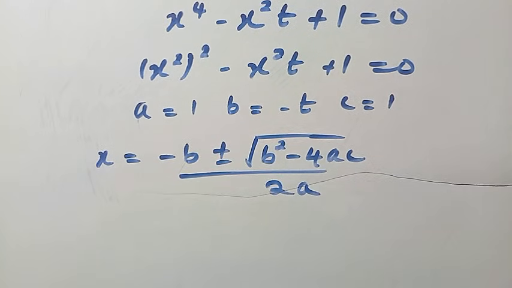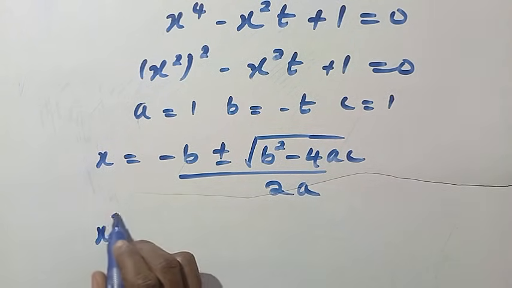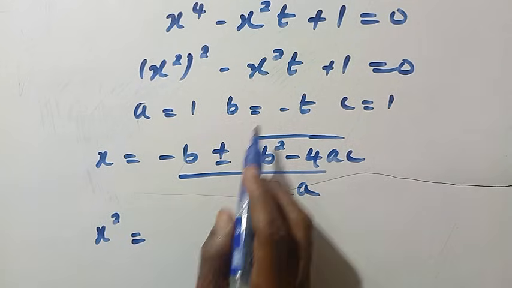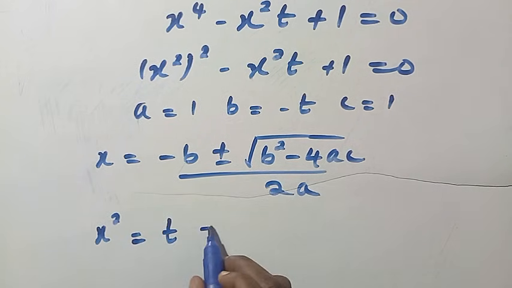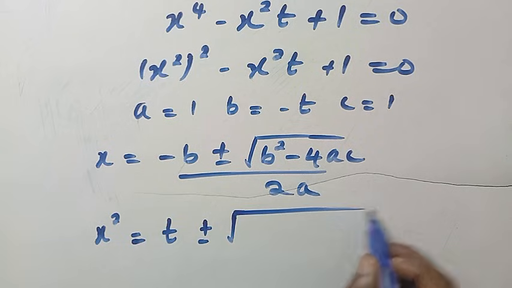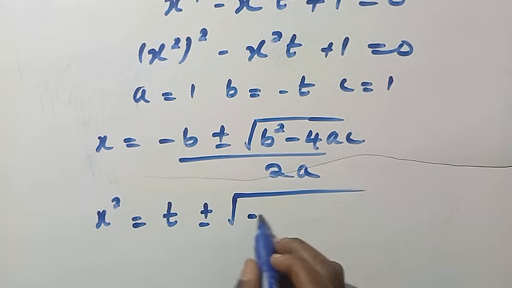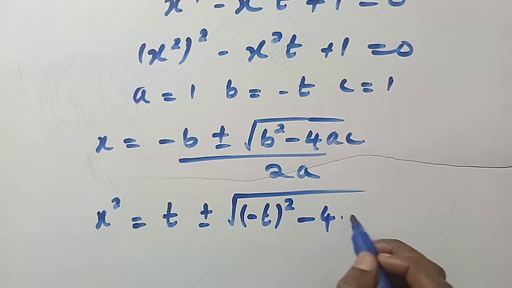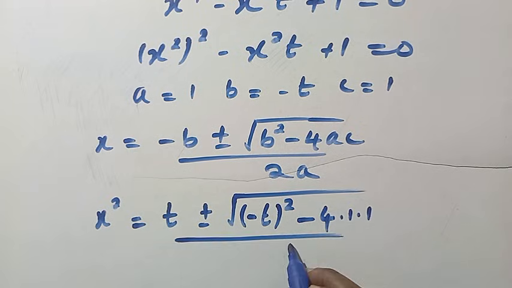But here it is x squared we are going to deal with, not x. So by having x squared, we have x squared equals minus b, which is minus t, that is plus t, then plus or minus the square root of b squared, which will be minus t raised to the power 2, minus 4 multiplied by 1, then multiplied by 1, all divided by 2.